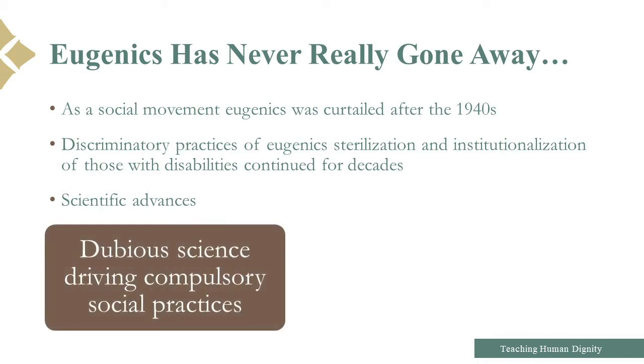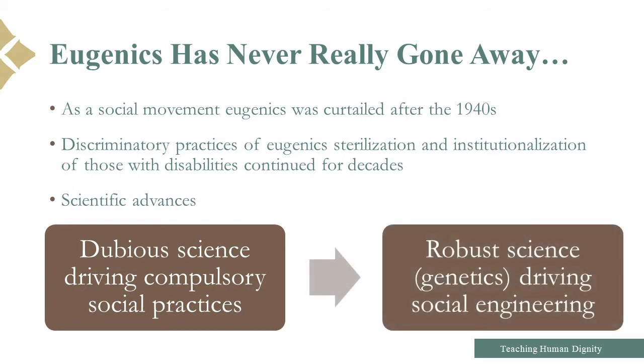So in the eugenics movement proper, you had dubious science driving compulsory social policies. Now within the scientifically robust field of genetics, there were still those that proposed that these scientific advances could be used for social engineering. The continuity of purpose between these two fields, eugenics and genetics, is most clearly evidenced in the proposal for the destruction of so-called defective fetuses.